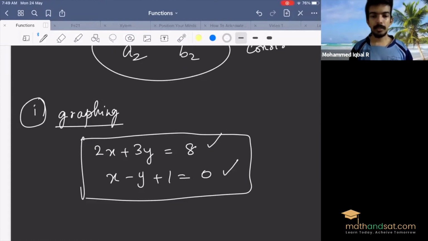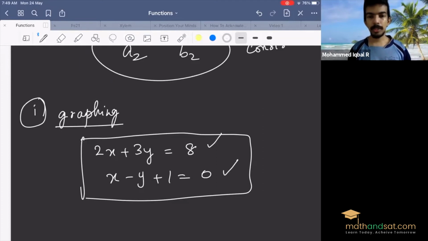Can you just try to plot this using a graphing calculator? Or you can use a graphing software like Desmos or even GeoGebra. Can you try it and tell me the solution?